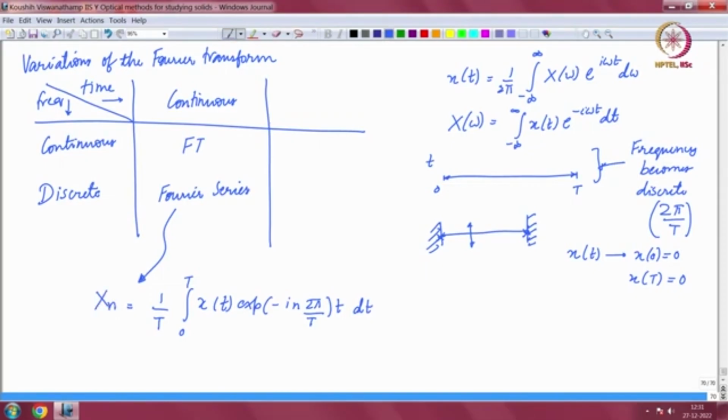So the n becomes like your multiple of this fundamental frequency, which is 2 pi by T. Okay. And the representation for x goes from minus infinity to plus infinity, n is of course any integer, and this now becomes Xn times e to the power of plus i n 2 pi by T times t.